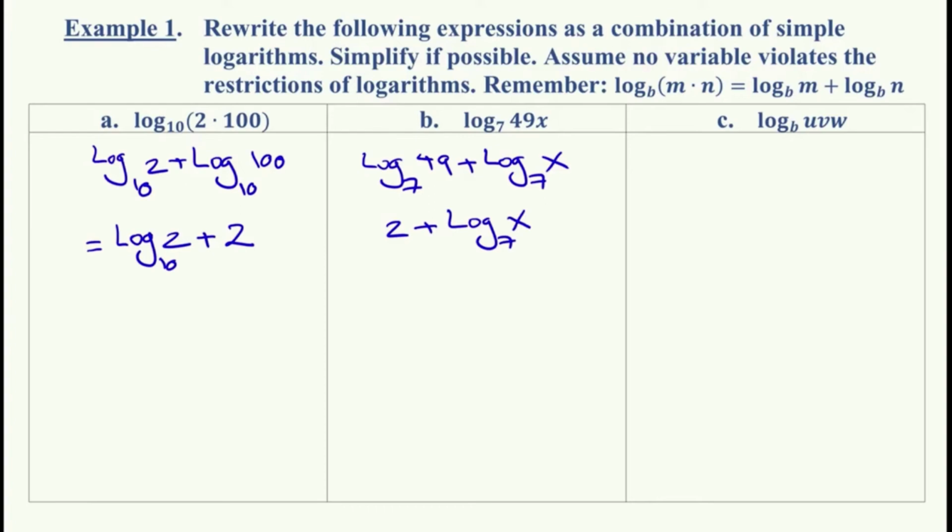The next one, we're going to apply the product rule twice. So the first time we can, for example, apply it to u and then vw, and we apply it again. So we end up with log base b of u plus log base b of vw.